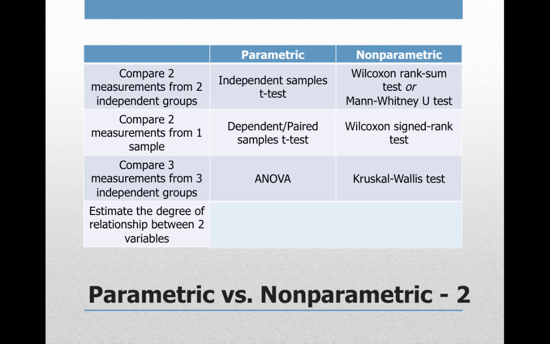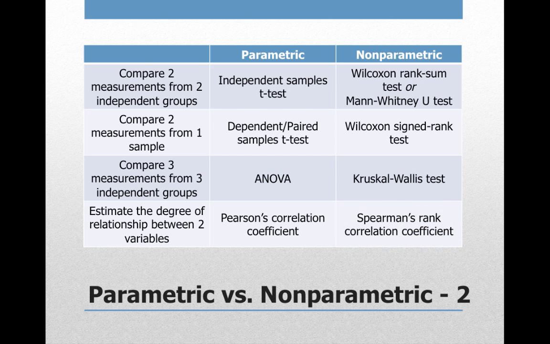And if we want to look at the relationship between two variables, what test is that? This is when we're doing a Pearson's correlation coefficient. So do you recall, we actually learned what the non-parametric test for Pearson's correlation coefficient is. Think about what tests do we do when we have ordinal variables. Spearman's rank correlation coefficient.